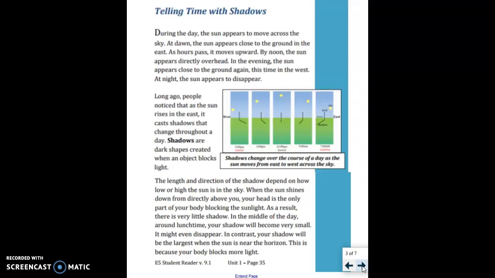As a result, there is very little shadow. In the middle of the day, around lunchtime, your shadow will become very small. It might even disappear. In contrast, your shadow will be the largest when the sun is near the horizon. This is because your body blocks more light.